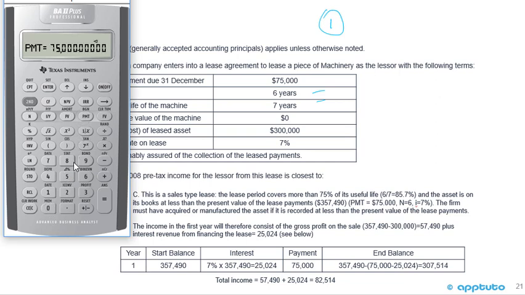Our interest rate is 7%, 7 I/Y, and the lease is for 6 years, 6 N. So when I compute the present value, I've got $357,490, which is more than the carrying value of my asset. So that means it's a sales type lease and I'm going to have a profit on it.